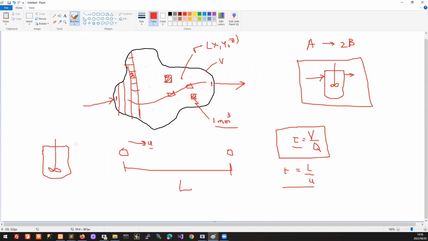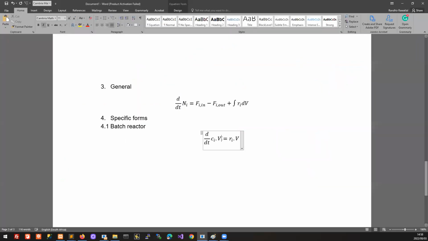So if you have a reaction that changes the number of moles and the molar volume is different between the reactants and products, you might get some slight volume changes, but that's typically not a large amount. So in the batch case, the volume is approximately constant. So in the batch case, the volumes can cancel.